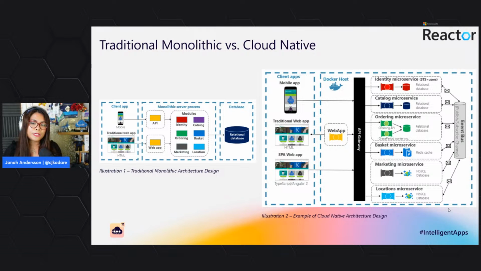In this one, you see the Docker host, and each service or functionality of the web app has its own microservice for ordering, marketing, basket or cart management, and location. It uses distributed functionality for each purpose, and it also uses an event bus for pub/sub type events.